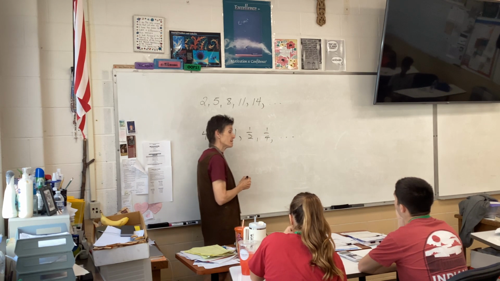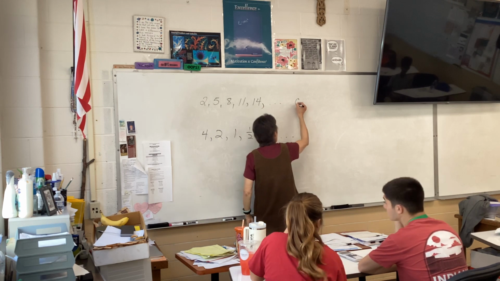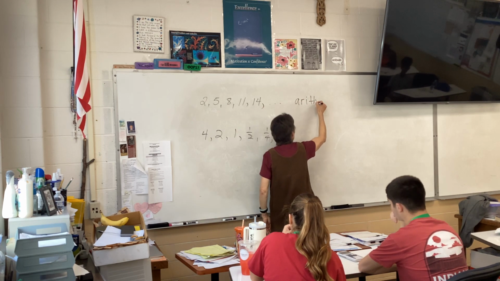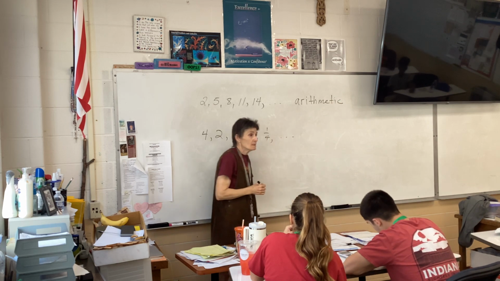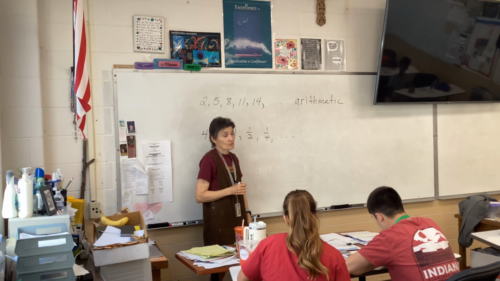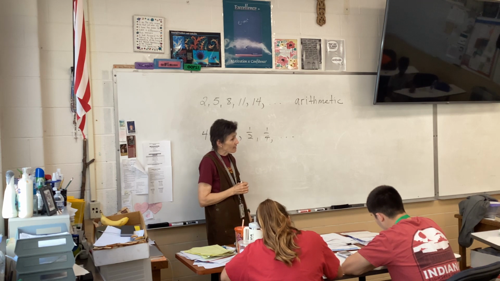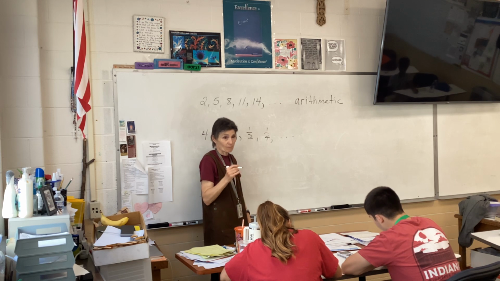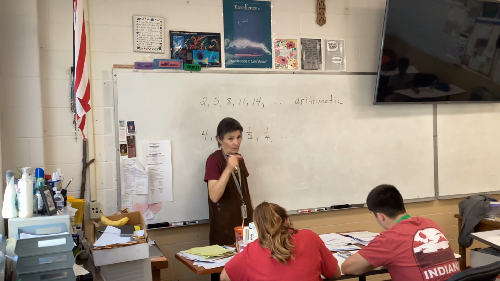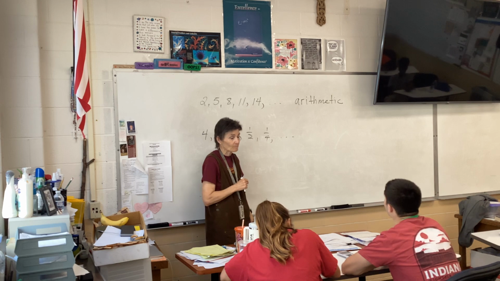When a sequence is generated by adding the same number, it is called arithmetic. Now, it doesn't have to be 3, it could be a different number, but it's always the same number in that particular list.